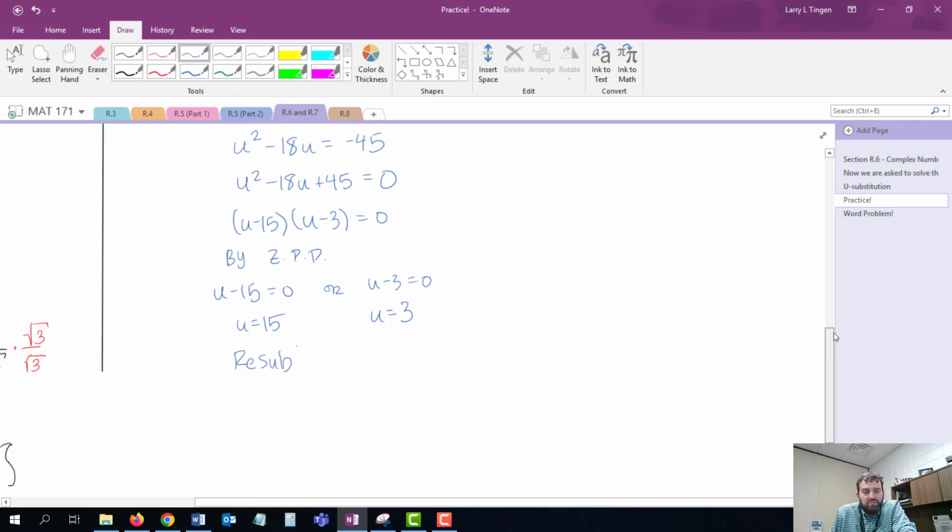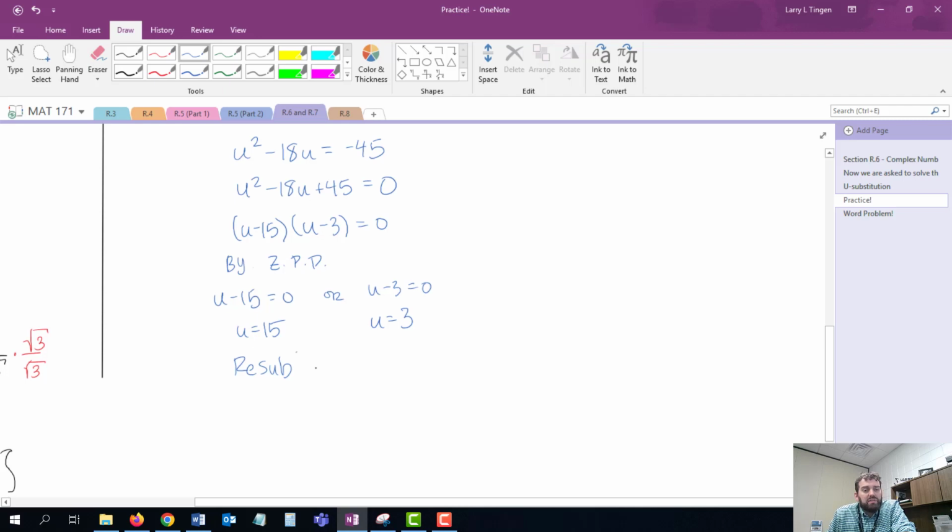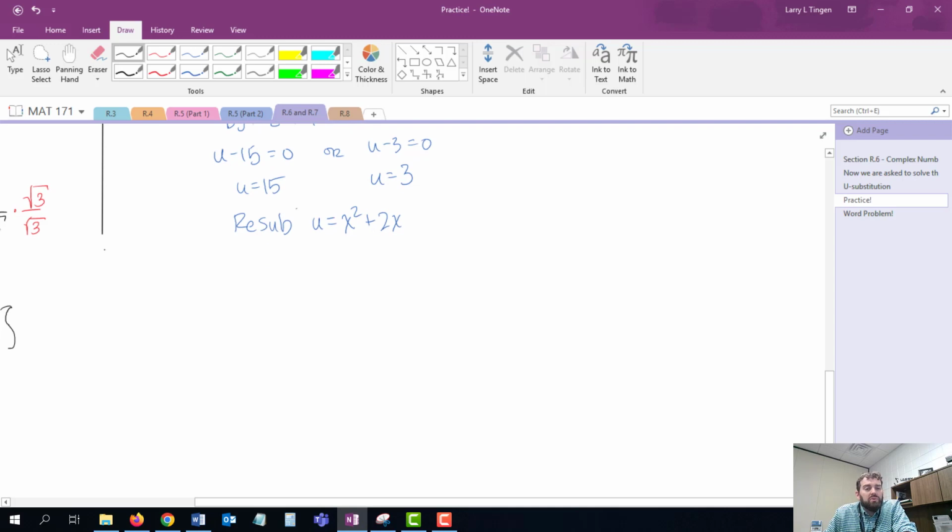It started with the variable x. So I need to resub my u substitution. U is x squared plus 2x, which means u equals 15 means x squared plus 2x is equal to 15.